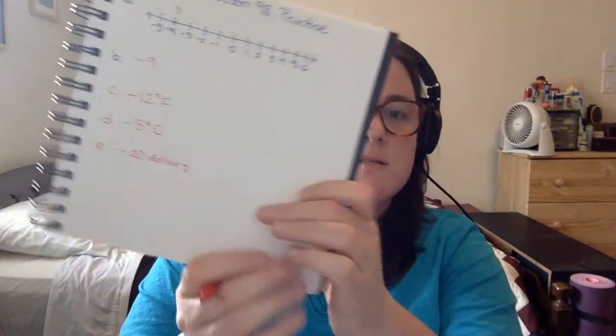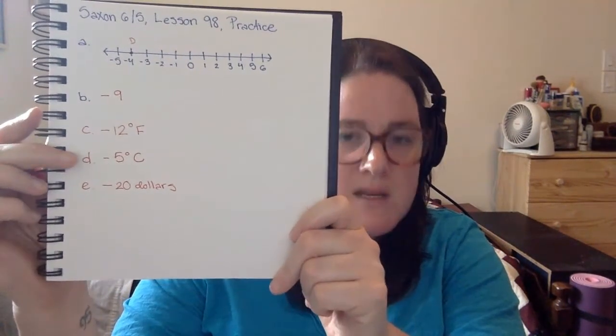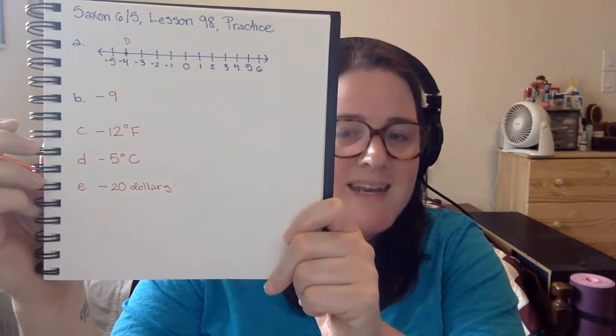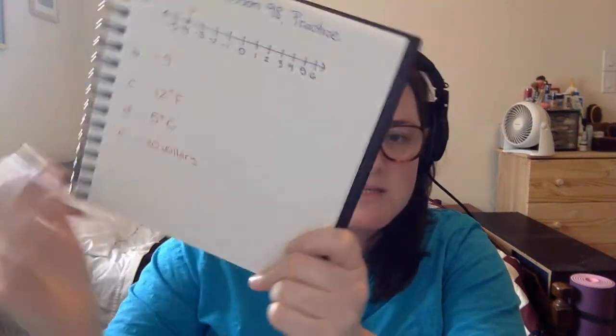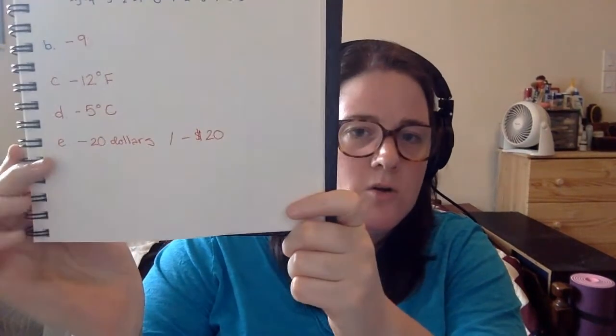Question E says, use a negative number to indicate a debt of $20. So if I ran out of money and I spent $20 more, I would have -$20. So I want to write it with my minus sign, the digits for 20, and then I want to write out the word dollars because this is a very odd grouping.